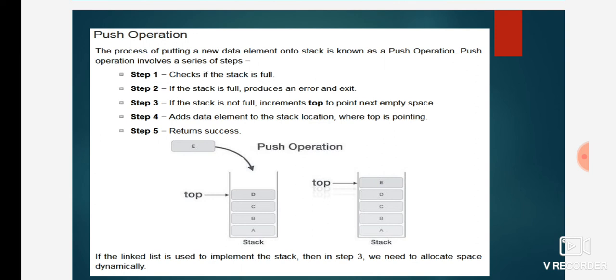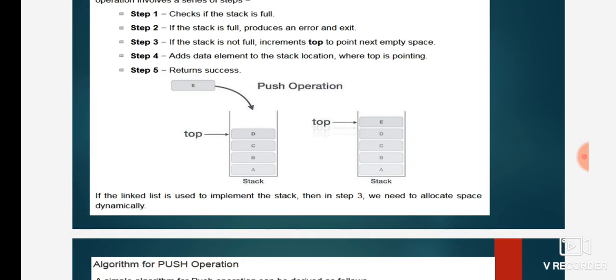Second: if the stack is full, it produces an error and exits. Third: if the stack is not full, increment top to point to the next empty space. Fourth: add the data element to the stack location where the top is pointing. Then return success, right? So this is the concept of push.